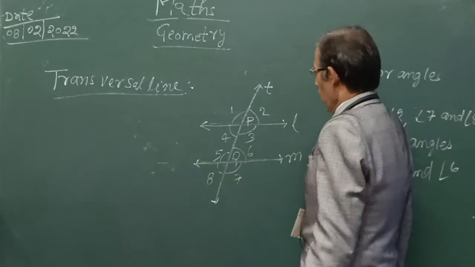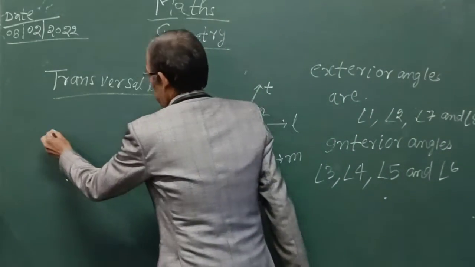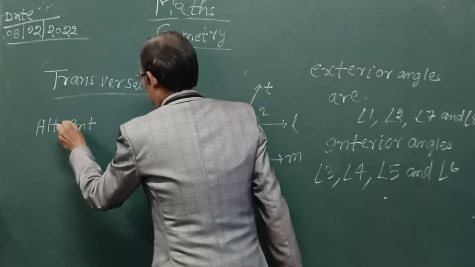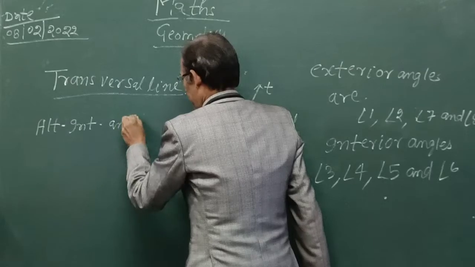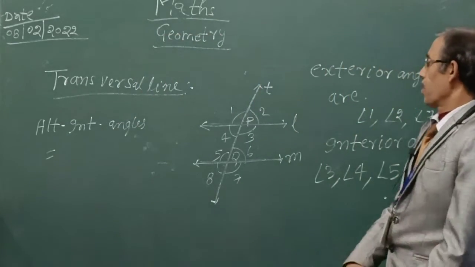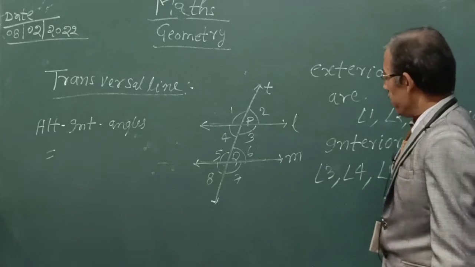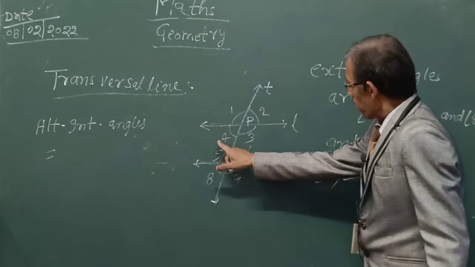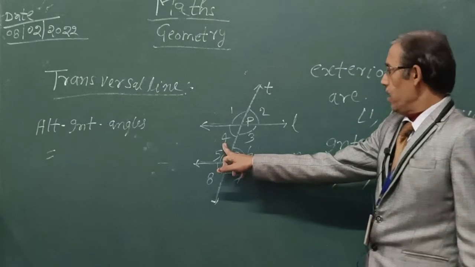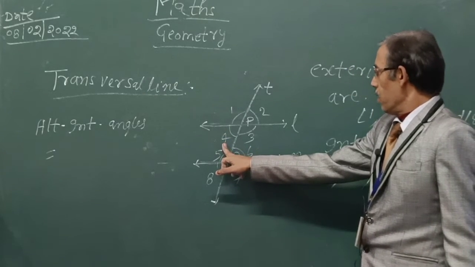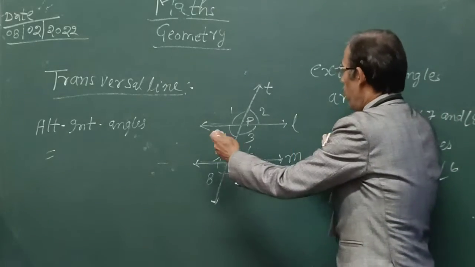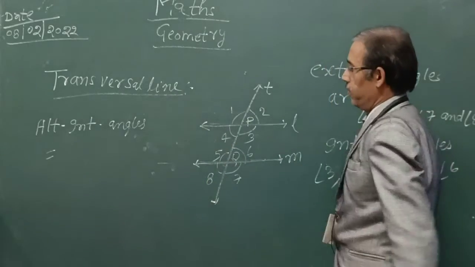Now, alternate interior angles. Alternate interior angles mean one upper angle and one lower angle which are on opposite sides of the transversal line.